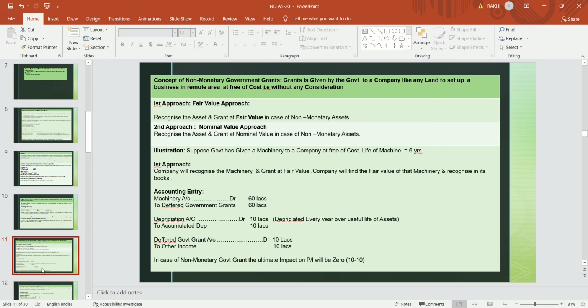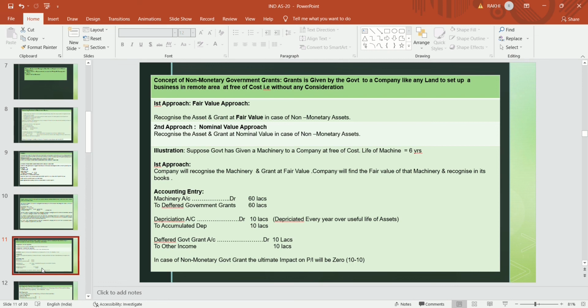The accounting entry will be: suppose the fair value of the machinery is 60 lakhs, the company finds the market value and recognizes it at fair value. The cost of machinery is 60 lakhs, so machinery account is debited to deferred government grant 60 lakhs. Whatever the cost of the machinery is, that is the grant given by the government.